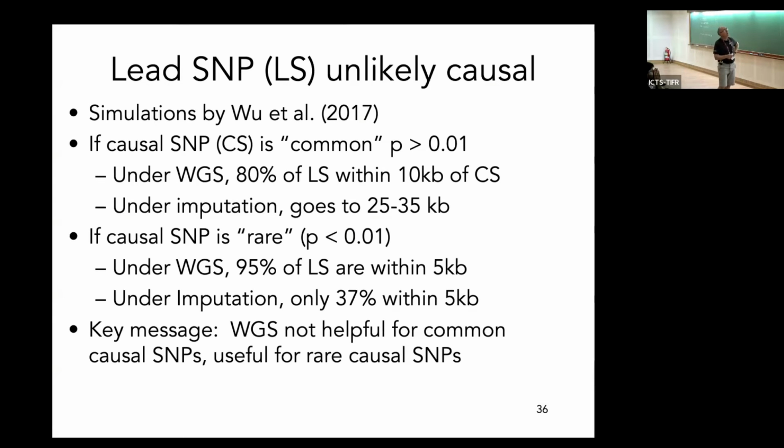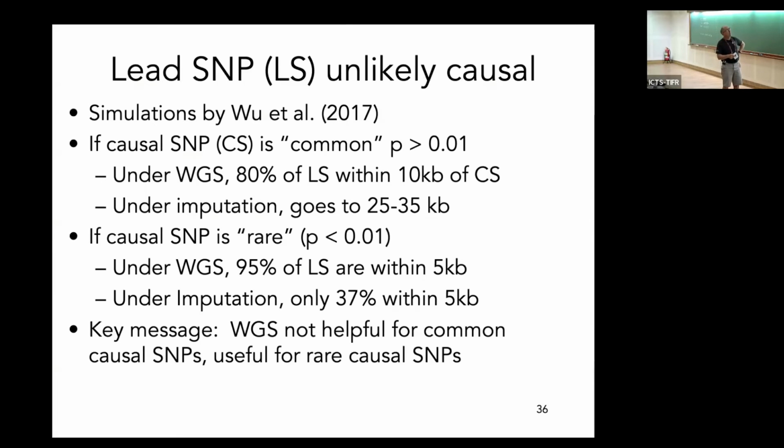If I do imputation, which means I look at 1 million SNPs and predict what the other missing SNPs are, that goes down to 25 to 35 kb. So there's not a big increase with whole genome sequencing. Yes, it's an increase, but is it worth a whole genome sequence to go from imputation to that? You get a narrow interval, but it's not 1 kb, it's a little bit.